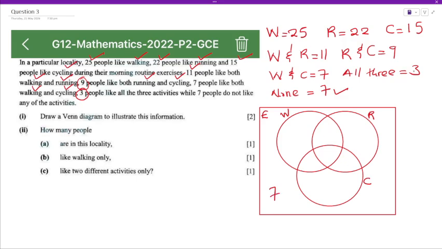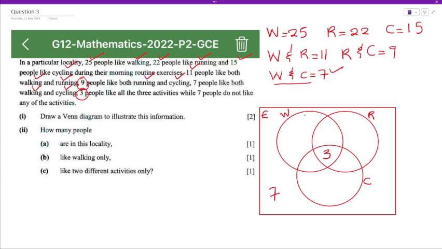Okay, then the 3. Start from the center again. The 3, it's these guys here. Okay, you can even erase this out of the question now. We've used them already, so just try to clean up. Okay, walking and cycling, we have 7.